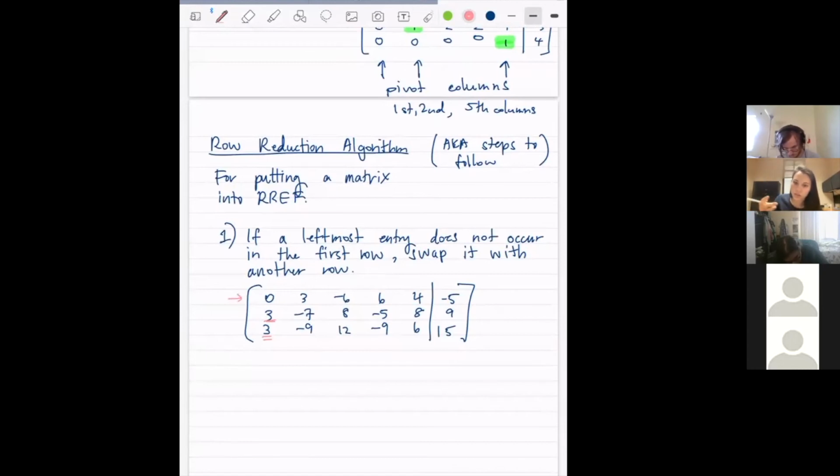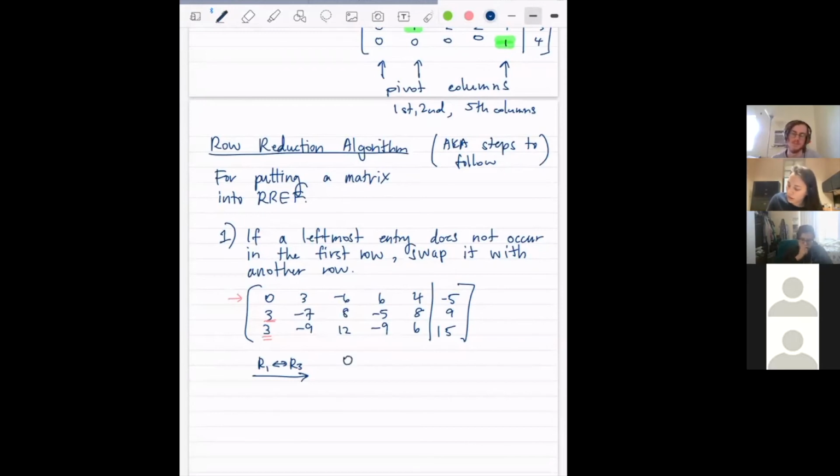So we want to swap it with another row in order to get a leading entry that occurs in the first row, right? So what we can do, I'm going to go ahead and swap the first row with the last row, so row 3. You could also swap it with row 2, but it works out nicely if you swap it with row 3.